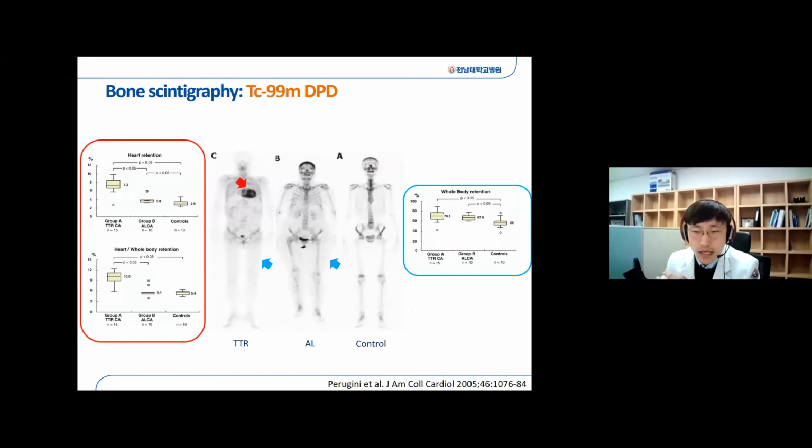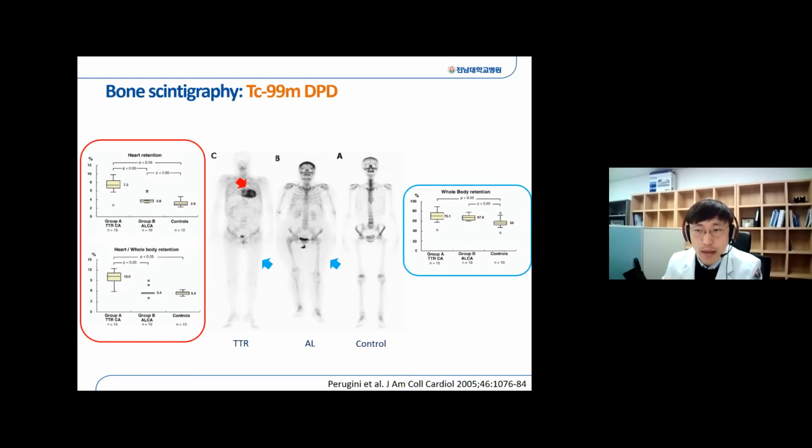It is not clear, but some researchers think that it is the difference in the pathological characteristics of the cardiac involvement between TTR and AL cardiac amyloidosis.